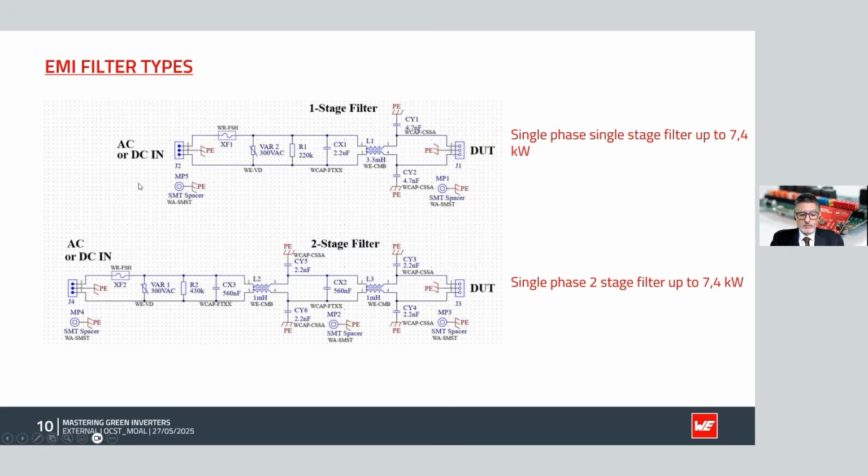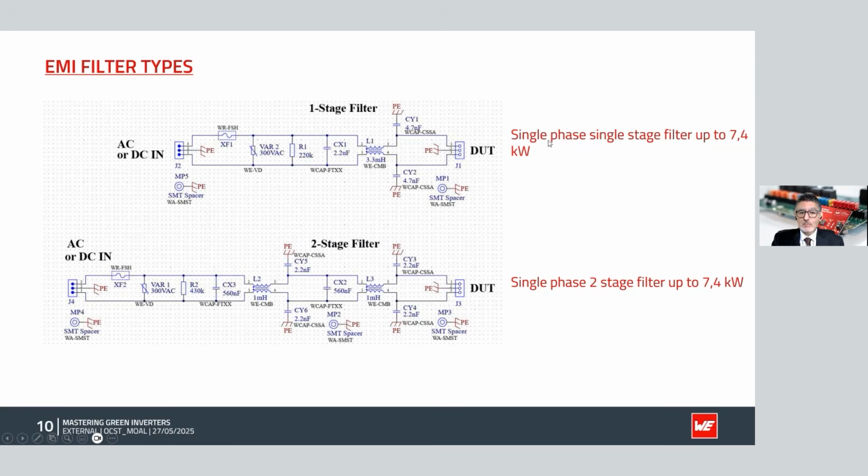So from a single phase AC mains, you can have a single stage filter with a common mode choke, as well as 2 Y caps, as you can see here, from the live and neutral down to earth, as well as a single X capacitor across the mains.